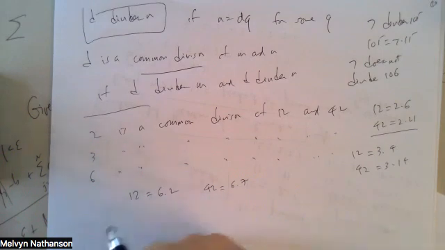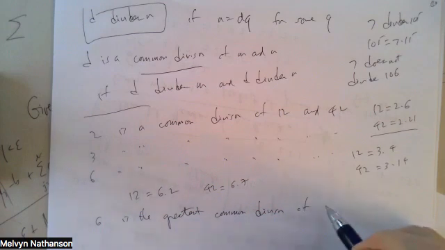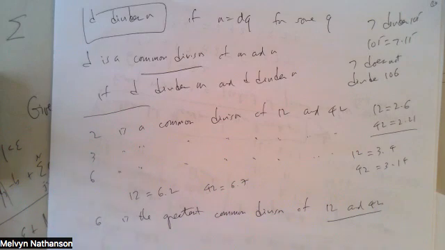And in fact, 6 is the greatest common divisor of 12 and 42. Right?